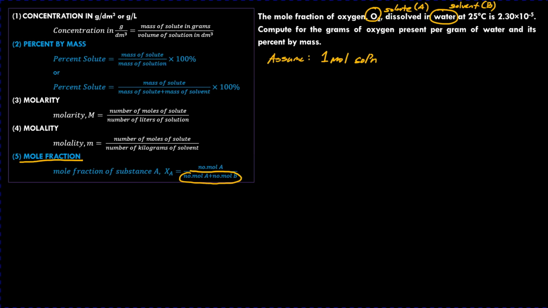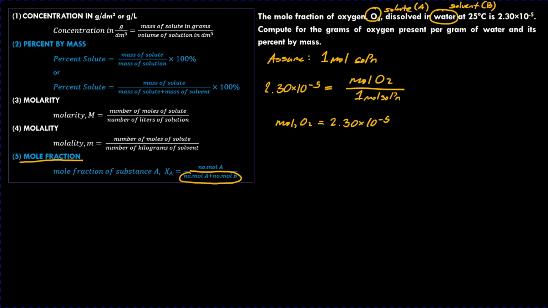So the mole fraction of oxygen is 2.3 times 10 raised to negative 5. It is equal to mole of O2, and we assume that the mole of our solution is equal to 1. So that will allow us to obtain the mole of O2, which is 2.3 times 10 raised to negative 5.